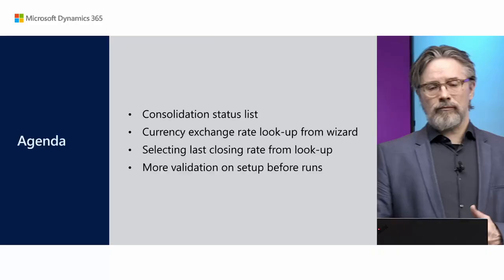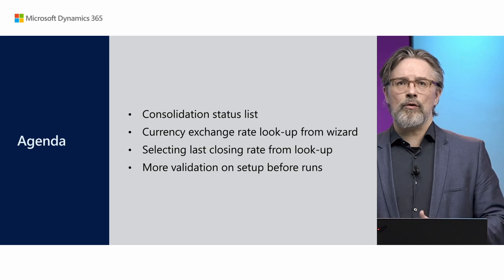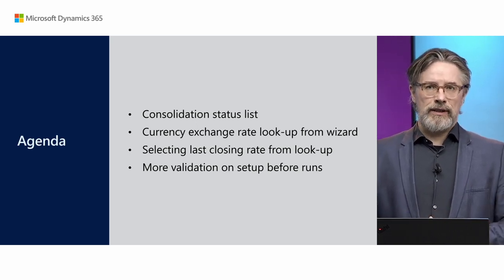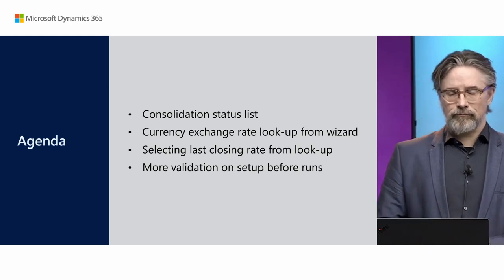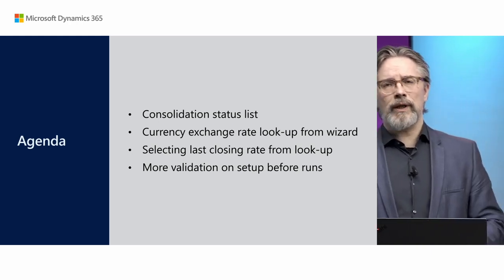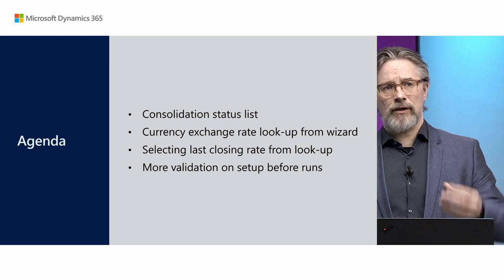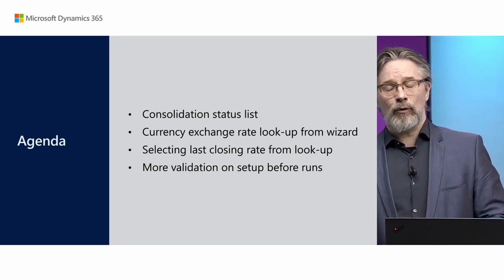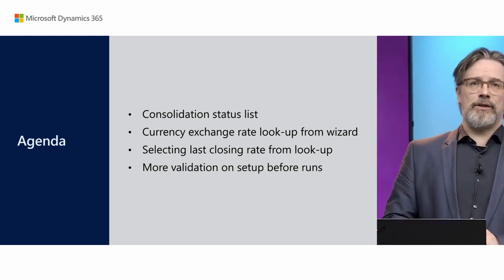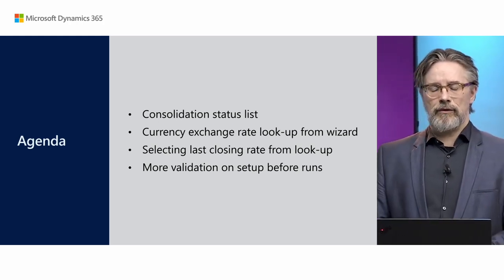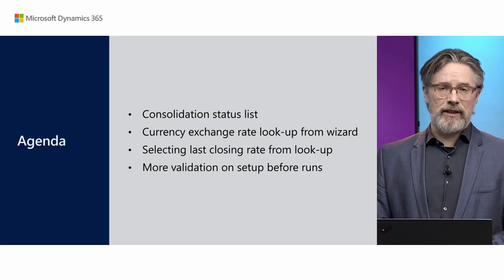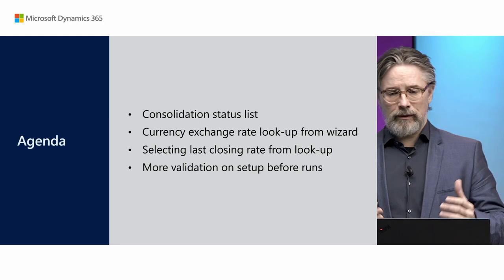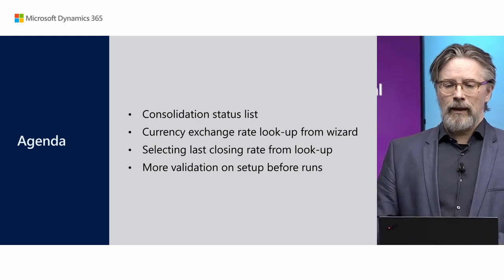In consolidation, we have focused on improvements that will help you manage currencies when you're doing consolidation. In order to do so, we have introduced a consolidation status list so you can see what has already happened. While you're in the process of executing consolidation, you'll be able to look up currency exchange rates and maybe modify them so it fits with what you're currently doing.